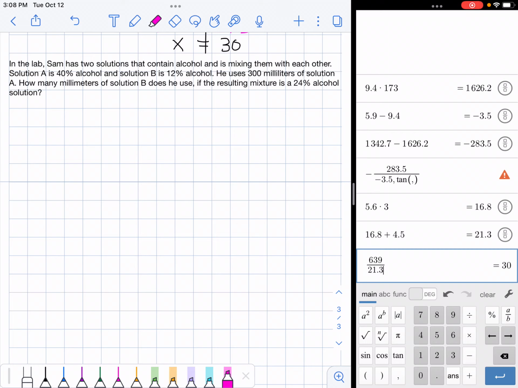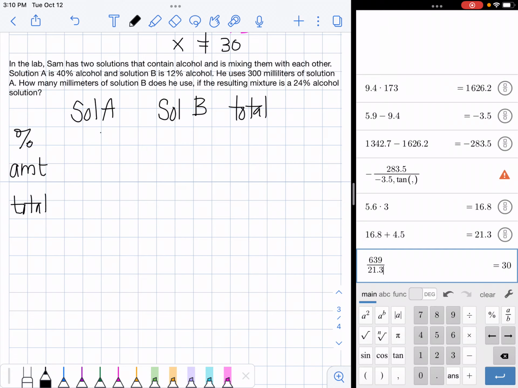They're giving me information about solution A and solution B, so I have solution A, solution B, and a total. The information they give me is percent alcohol, so I'm going to have my percent alcohol, the amount that I have, and then the total.